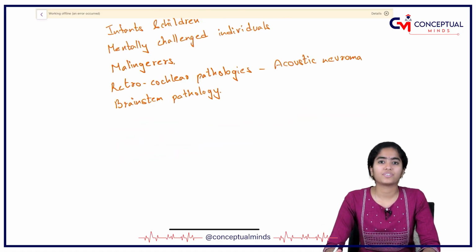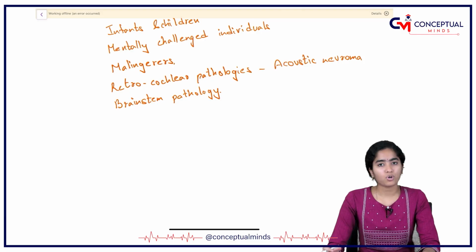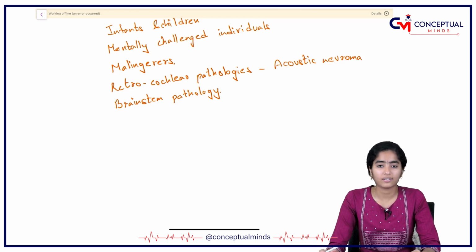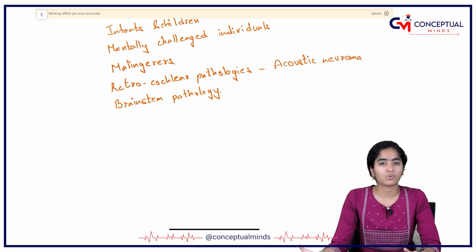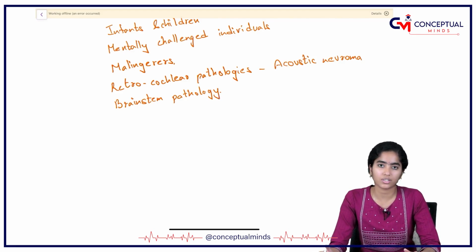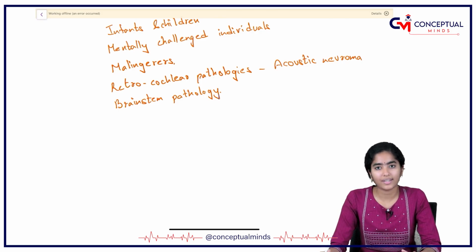Another advantage of this test is that suppose a surgery is being performed and we have to identify whether the 8th nerve is functioning or not, so as to not damage the 8th nerve in between a surgery. We have to preserve the function of the cochlear nerve. Mostly in an acoustic neuroma surgery only this happens. When you are resecting the tumor, we have to preserve the 8th nerve. And how do we know whether the 8th nerve is preserved or not?